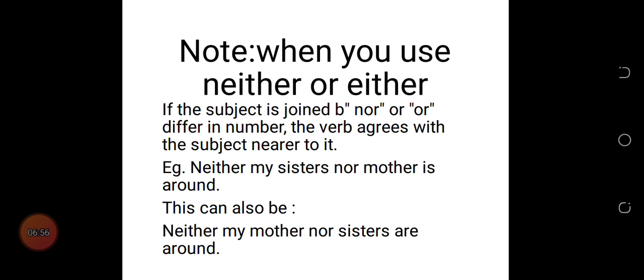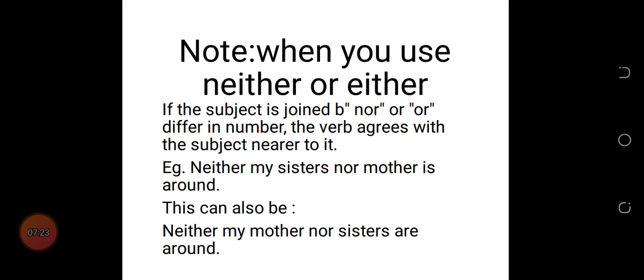So when you are using neither or either, and you are adding nor or, you should know that the subject closer to the verb must agree. So example, neither my sisters nor mother is around.